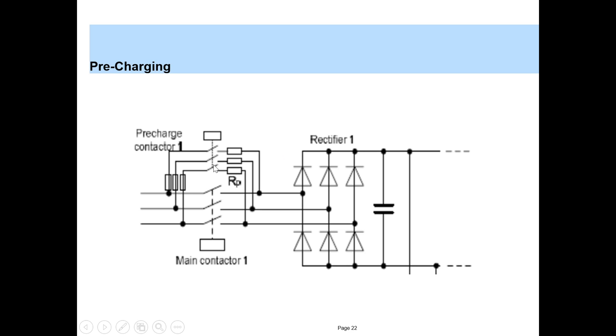Initially at t equal to 0, this is the contactor which is picked up. So we have these resistances in series, so that the current is reduced, and once the VDC link, the capacitor, is charged, main contactor 1 is closed, and this pre-charge contactor is opened.